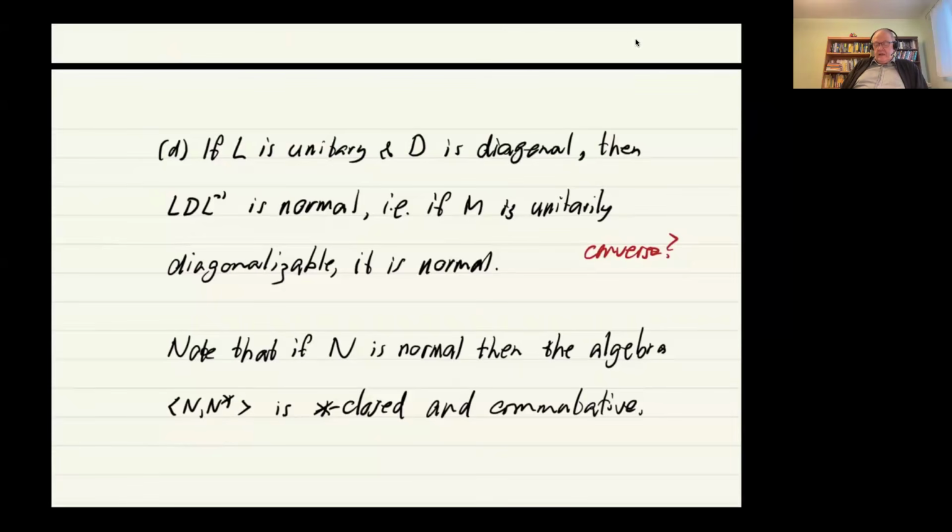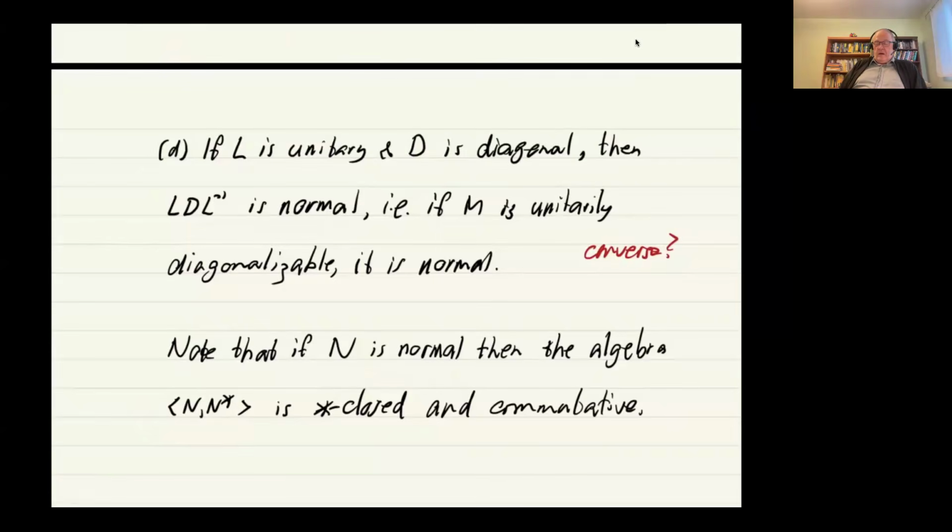And clearly it's star closed, and it's commutative because we're assuming N is normal. So the point is, to work with normal matrices, it's actually more convenient to work with the algebra rather than the individual matrix. Okay, so you can do it without it, but it's easier to do it with it.